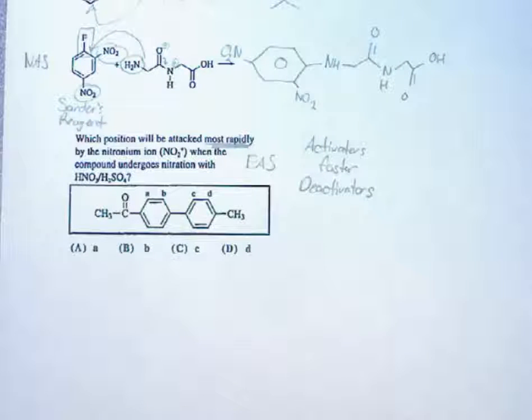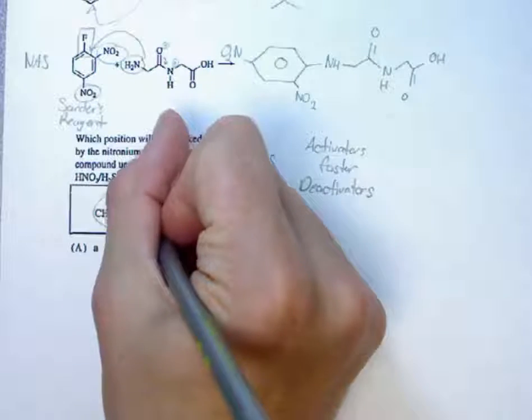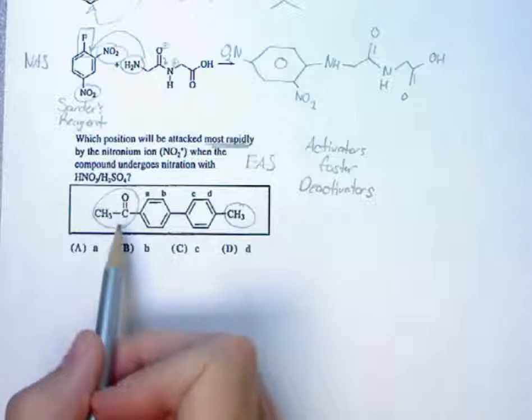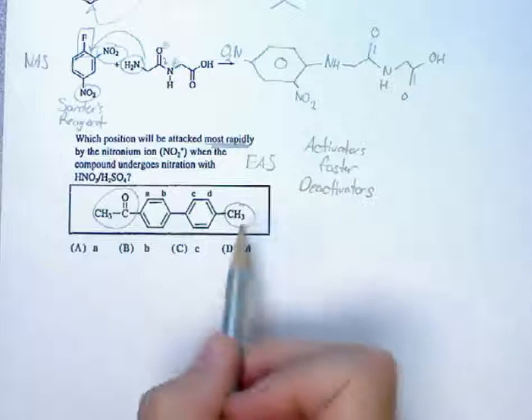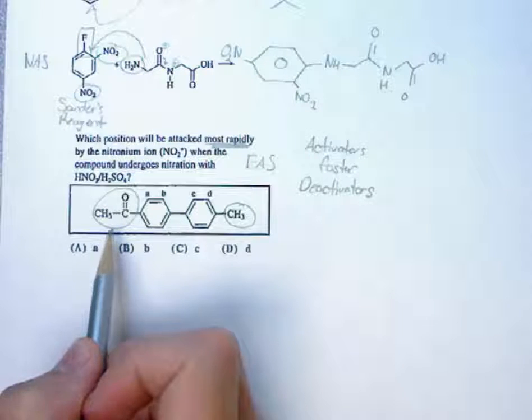We have two groups: we have a ketone here, and we have a methyl group here. So for a ketone, this is going to be a moderately deactivating group.